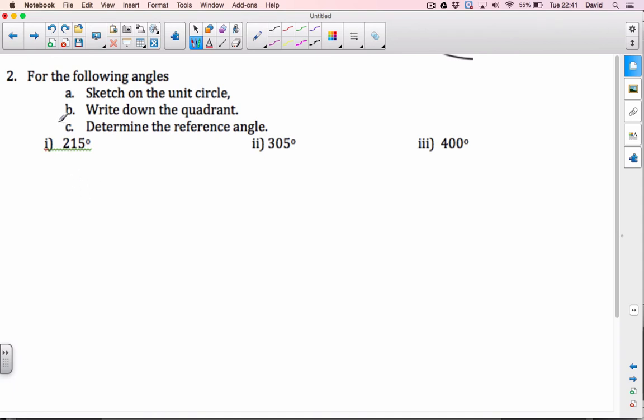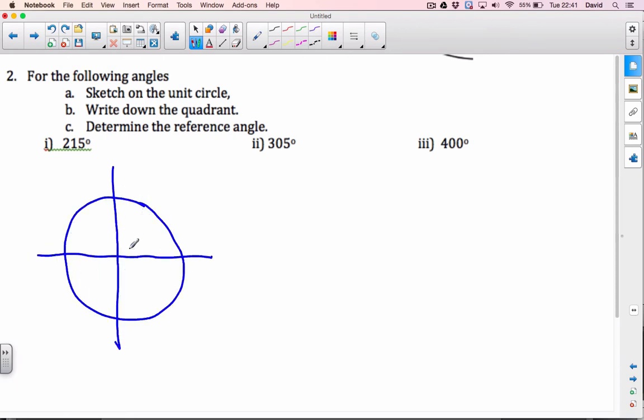Okay, so now for the following angle, sketch the unit circle, write down the quadrant and determine the reference angle. So here's this, and it doesn't have to be super sketchy. I know 180, 270, so 215 is somewhere in the middle here. So I'm going to draw my angle here. So this is 215.